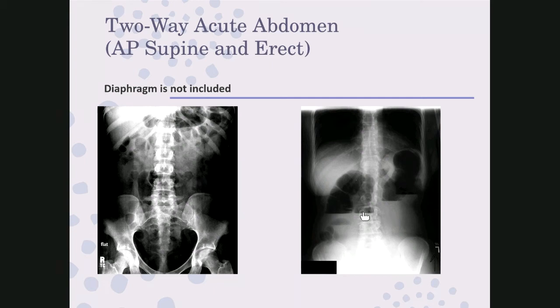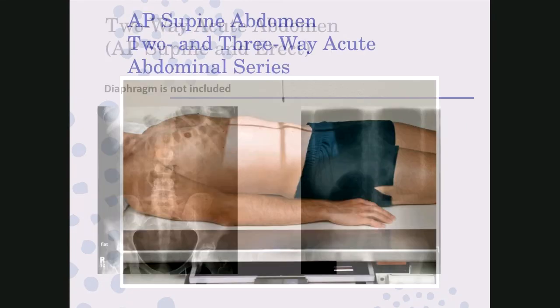In this one, the patient is lying flat on their back, so this is an AP supine. This is an erect abdomen. So this patient was able to come in, walk, talk, got there on their own accord, and we were able to do that. If this was not able to be accomplished upright, they could do a left lateral decubitus.